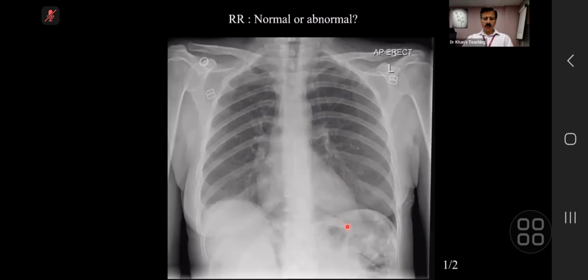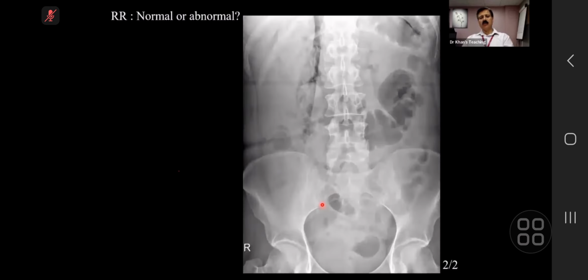The learning point here is, if you see this posteromedial portion of the hemidiaphragm outlined by gas, the anatomy is that this can be retroperitoneal gas. If you see here, this patient has got an outline of the psoas like this.